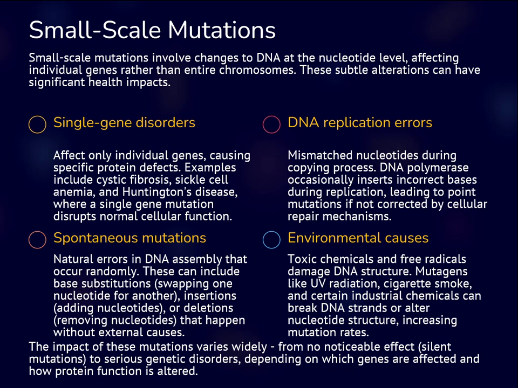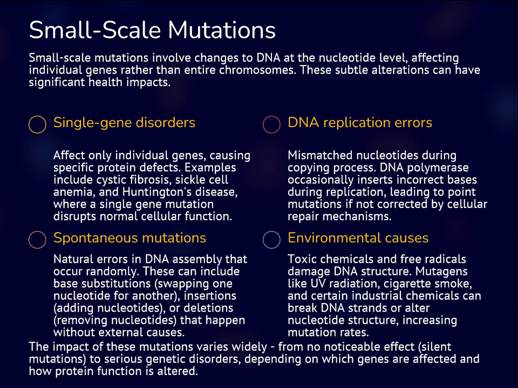But sometimes mistakes happen. A wrong nucleotide gets added, or an extra one slips in, or maybe one is left out. These mistakes can cause point mutations, like swapping out one letter in a word. A substitution, or adding or removing letters, is an insertion or deletion.